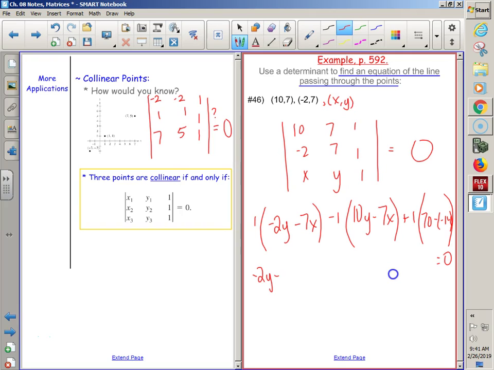It's -2y minus 7x, 70 minus 84. I end up with -12y plus 0. Into standard form too, which is kind of nice, as opposed to having to get slope-intercept and then make it standard.